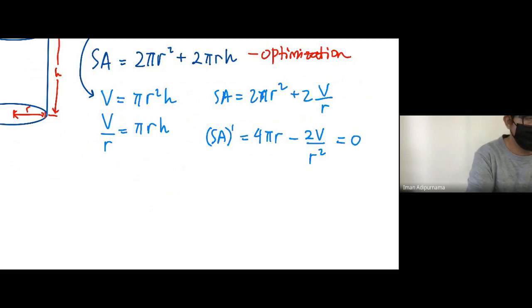We take 4 pi R equal to V divided by R squared.